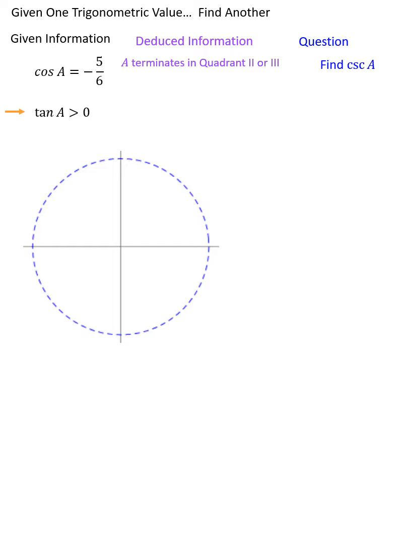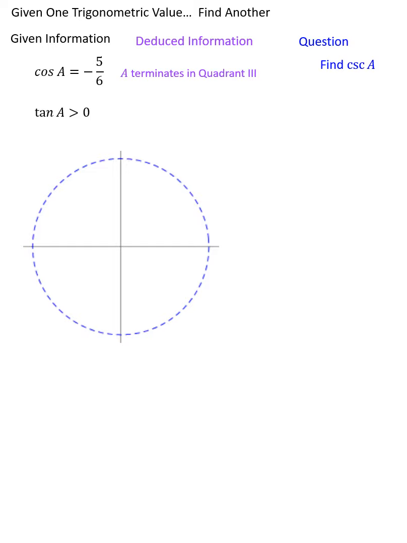Hopefully it makes sense to you that A must terminate in quadrant 3 or 4 just based on that information. But I had already deduced before that it must terminate in quadrant 2 or 3. And if you look at the deduced information in the center of the screen, you may see it in purple. You'll notice for those two statements to both be true, the only logical conclusion is that A must terminate in quadrant 3.